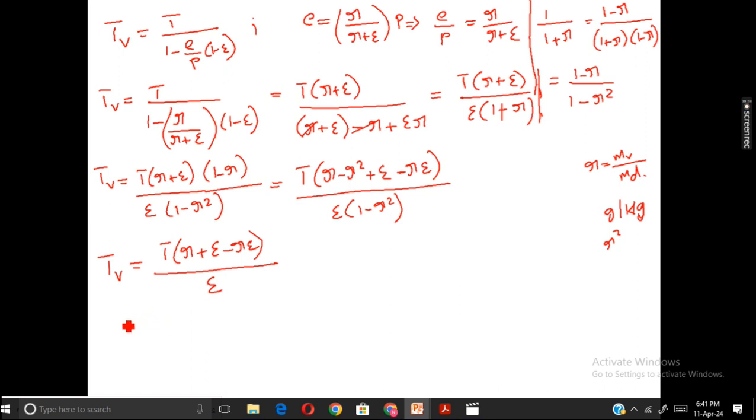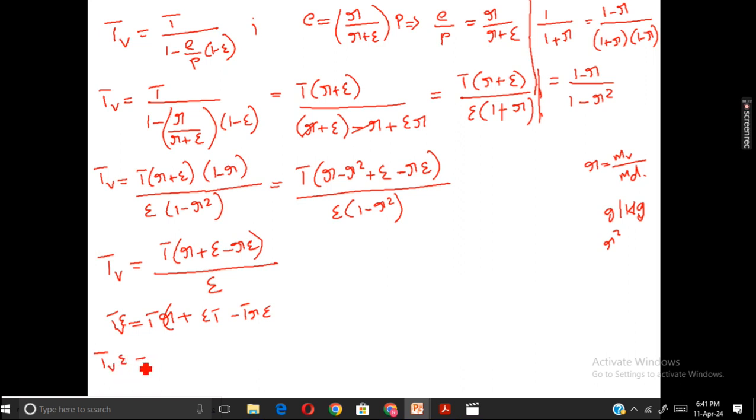This can be written as TV epsilon is equal to TR, open the bracket, plus epsilon T minus TR epsilon.